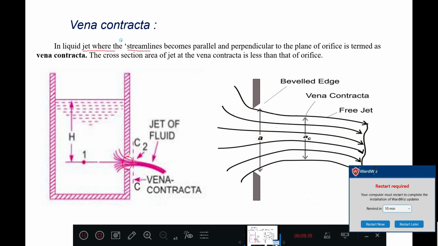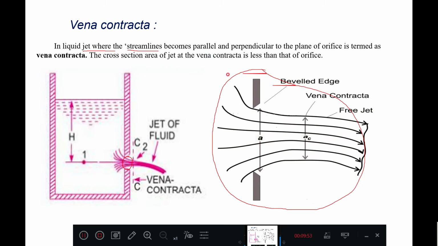So in a liquid jet, where the streamlines, meaning the continuous or uniform flow of water, become parallel, just look at this picture. Here the water is coming out of the orifice. See the picture of the orifice here. This is a sharp edged orifice.